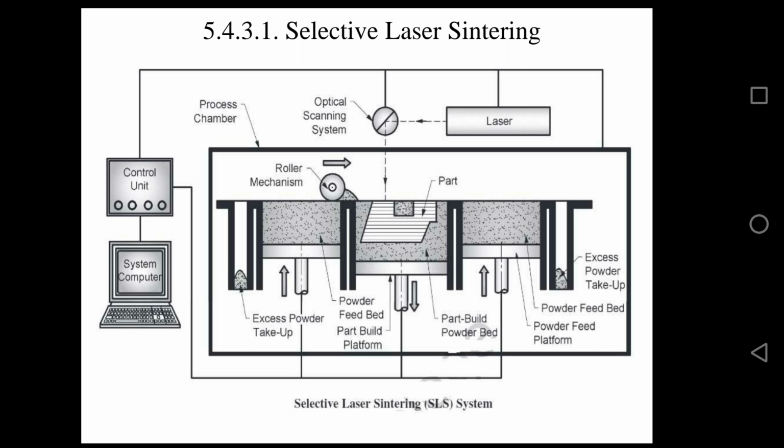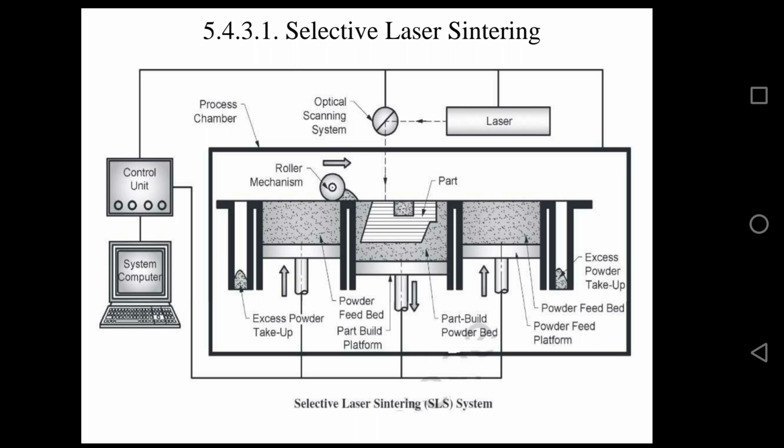Okay. So this selective laser sintering system consists of a powder feed bed containing powdered polymer. You can see here we have a powder feed bed which contains powdered polymer. That powdered polymer may be nylon, polyamide or any other polymer, or metals, composites or ceramics, whatever the material, but only in the form of powder.